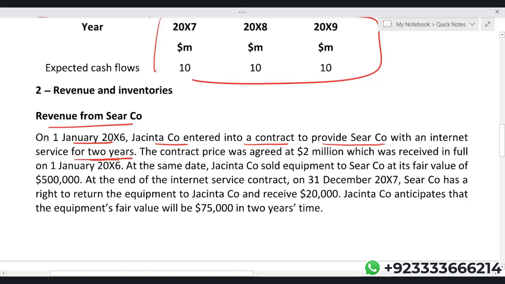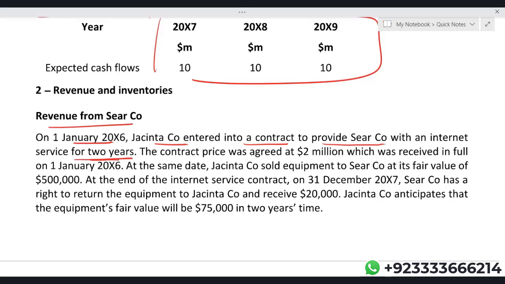When it comes to IFRS 15, most of the time we need to decide whether we should recognize the revenue over time or at a point in time. If we are required to provide services over 2 years, then we should be recognizing the revenue over 2 years.